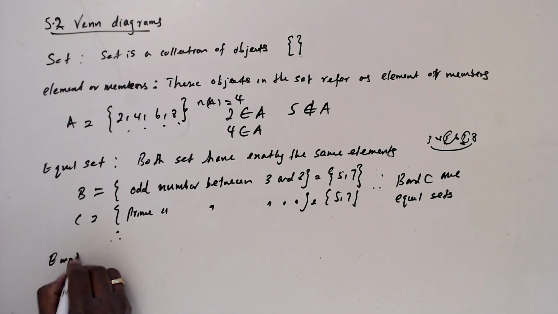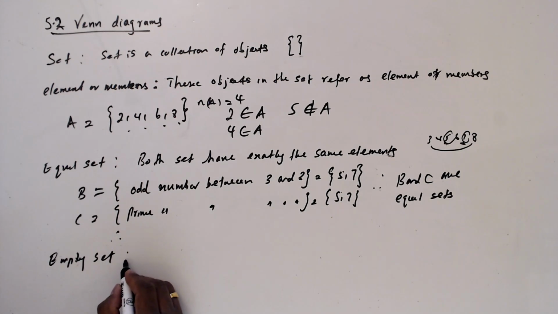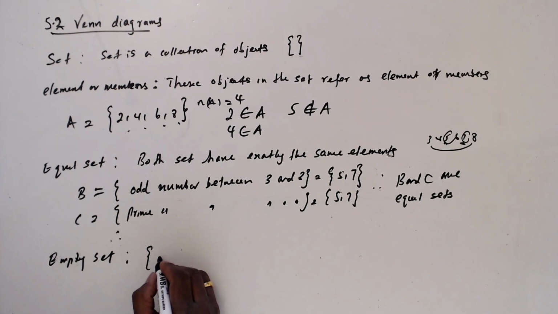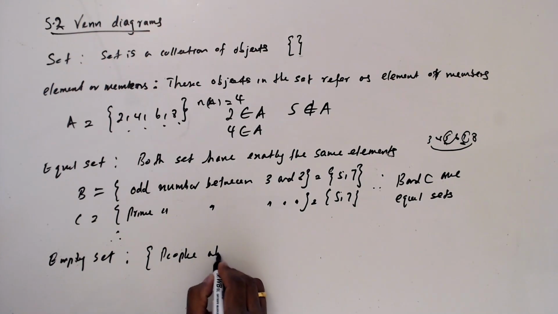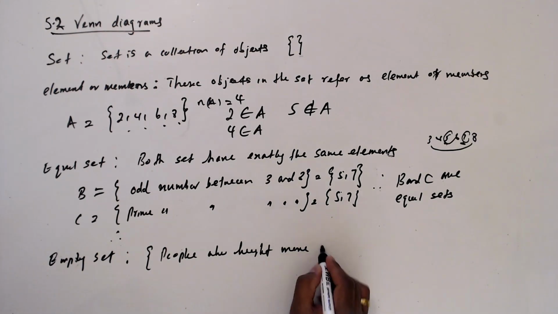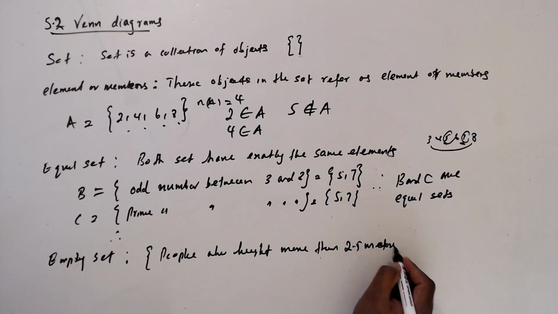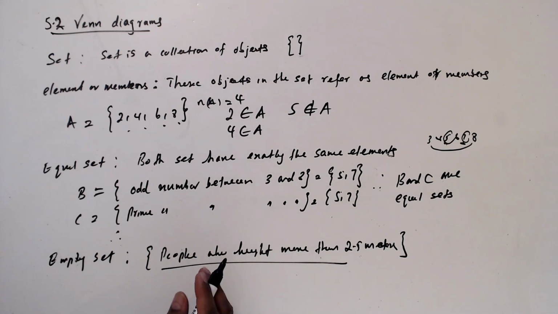And the empty set. So we define a set, but there are no elements, for example people whose height is more than 2.5 meters. Can you find the people? This is well defined because we can measure this set.